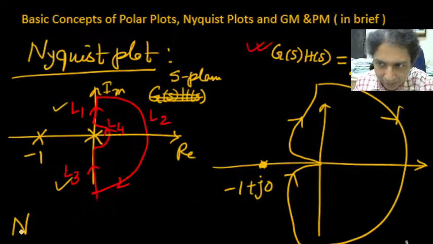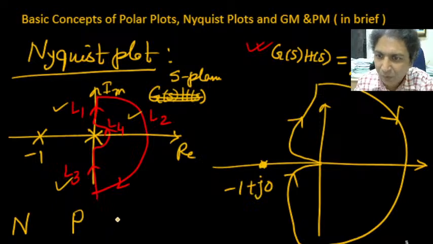That is your capital N. Then we consider the number of open loop poles on the right hand side within this contour, that is your P. And then we consider the number of closed loop poles, that is Z, or modified zeros.